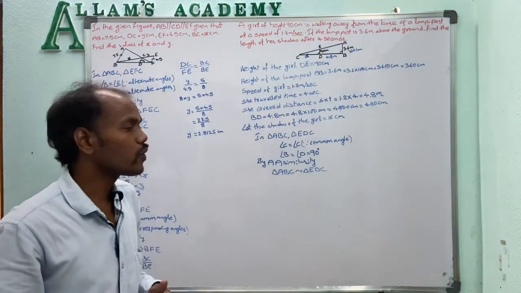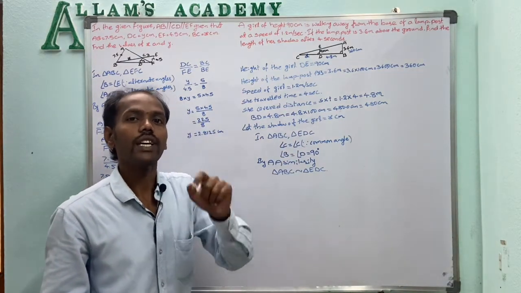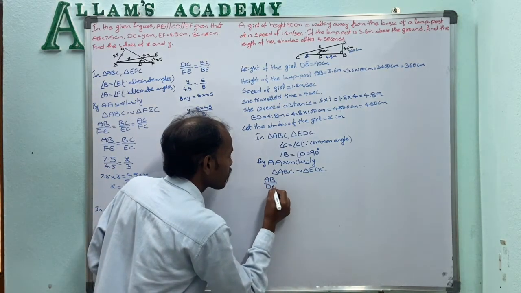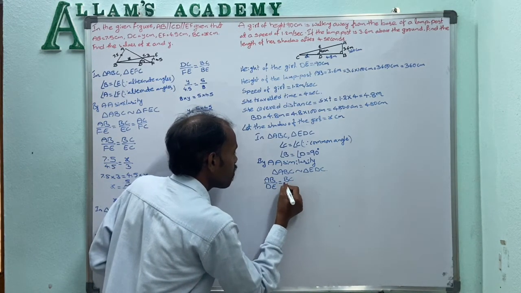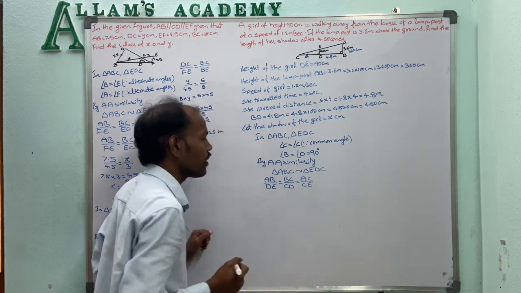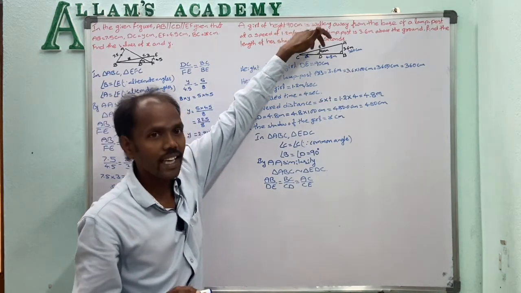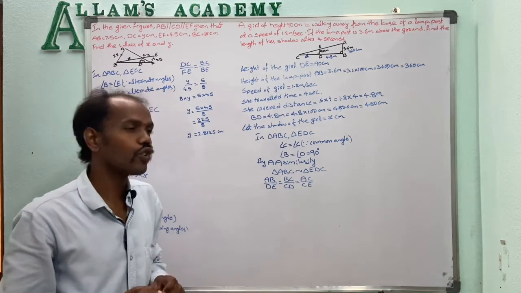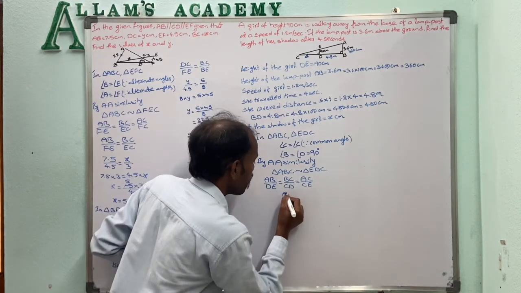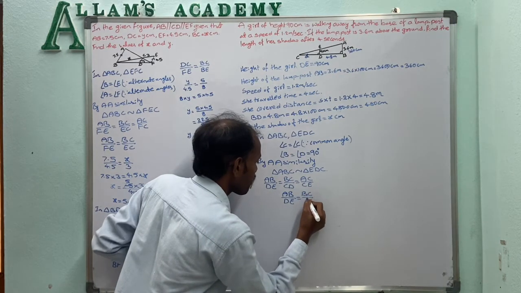So the two triangles are similar, so their corresponding sides ratio is equal. So AB by DE equal to BC by CD, equal to AC by CE. And in this triangle we observe AC and CE side lengths we don't know, so leaving that one, taking the remaining sides ratio, AB by DE equal to BC by CD.